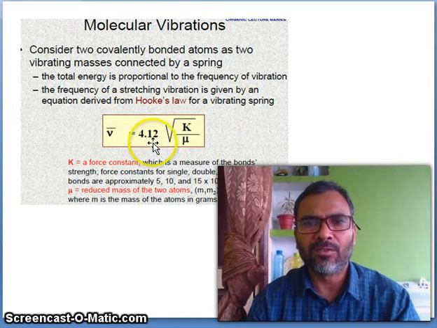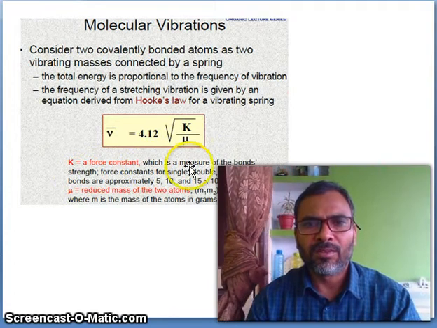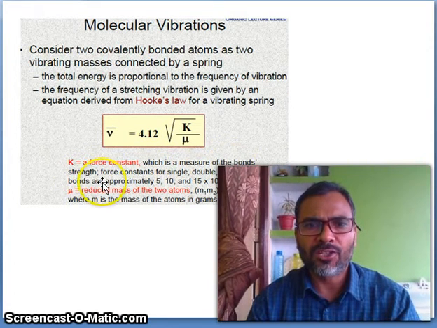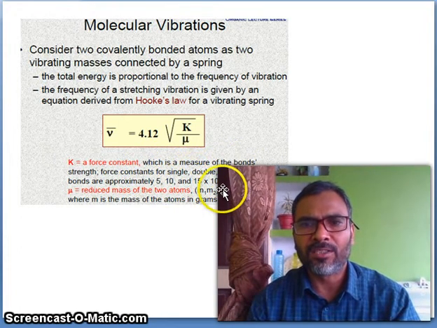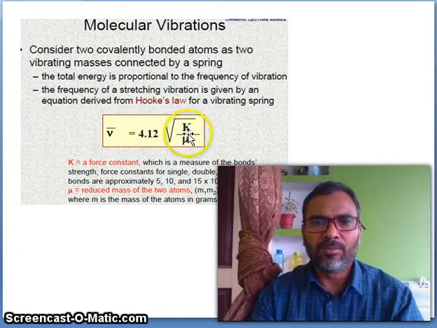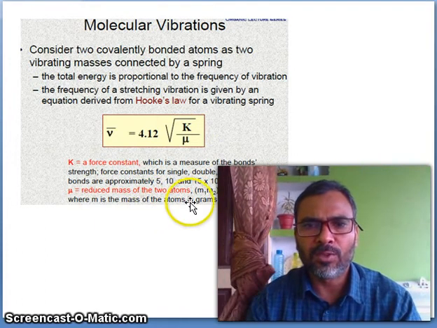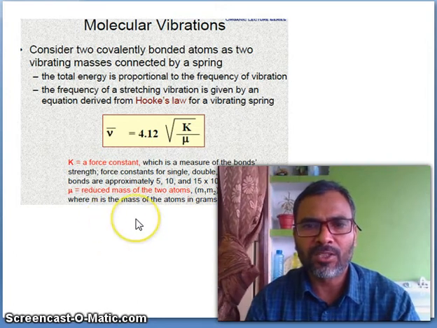Nu bar is equal to 4.1 root K by mu. K is the force constant, which is a measure of the bond strength. Force constants for single, double and triple bonds are approximately 5, 10 and 15 times 10 to the power 5 dyne per centimeter. And mu is the reduced mass of the two atoms, m1 m2 divided by m1 plus m2, where m is the mass of atoms in gram.